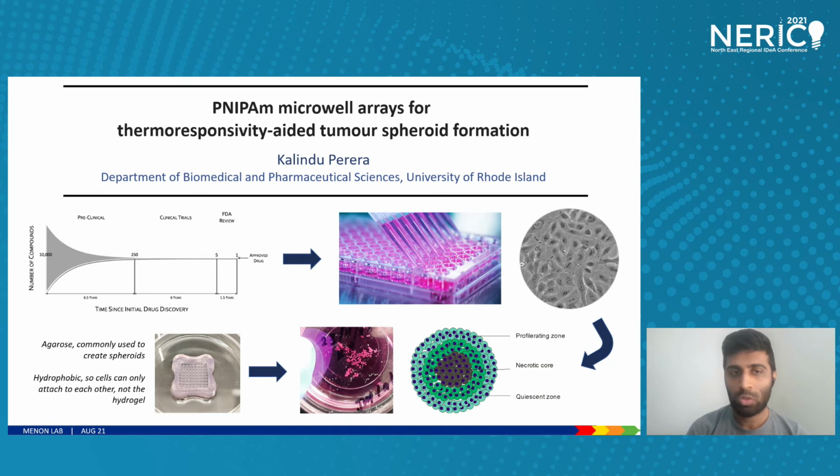You can see those spheroids at the bottom of the screen, along with an illustration. And there's a number of ways of making these spheroids. I've shown you one, which is the hydrogel at the corner of the screen there. It's made out of agarose. It's got these little microwells, and it's perpetually hydrophobic, which means the cells can't really attach to anything other than themselves, forming the spheroid. Next slide, please.